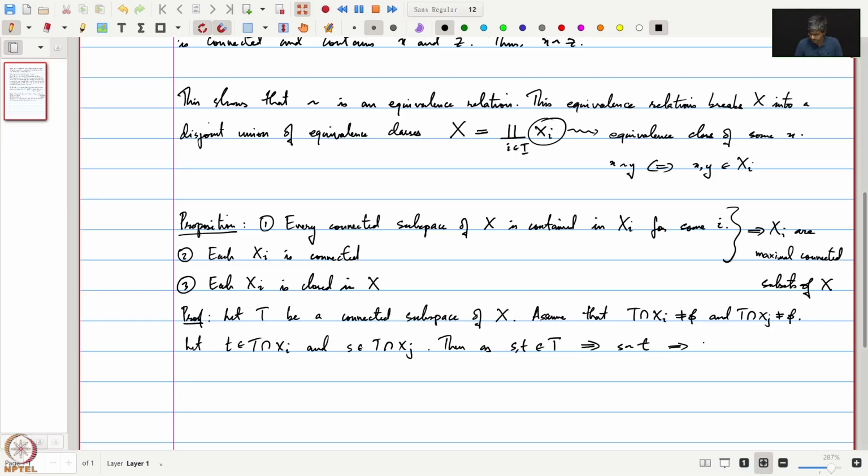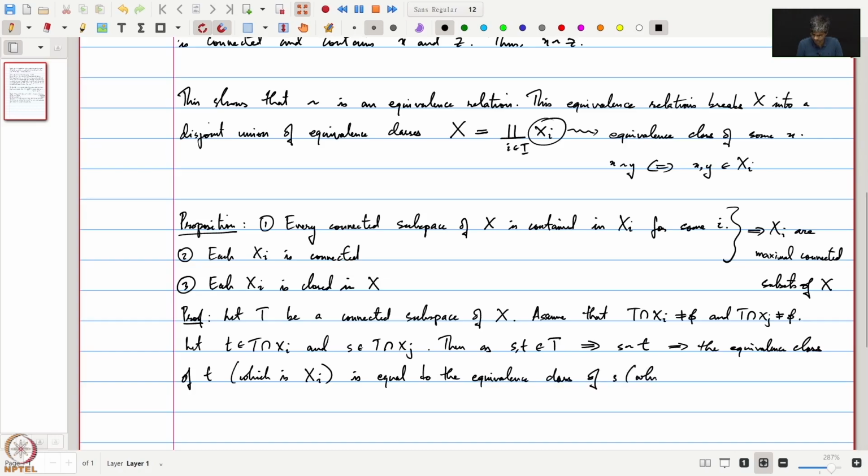But then this implies that the equivalence class of T is the same, which is Xi, is equal to the equivalence class of S, which is Xj, right?